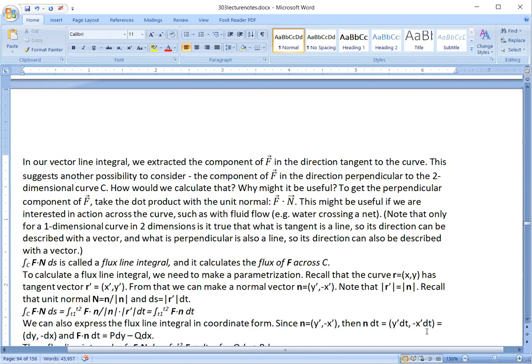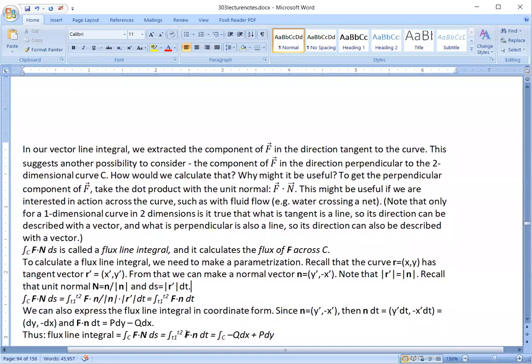That's just dy. And what is negative x prime dt? That's just negative dx. So f dot n dt is just f dot that vector, which gives you p, q dot that, so p dy minus q dx. I usually like to write the dx term first, but you can write them in either order.